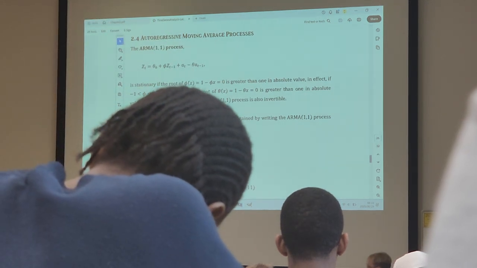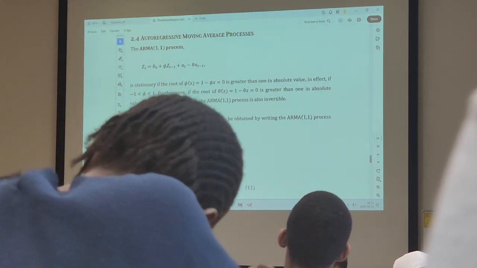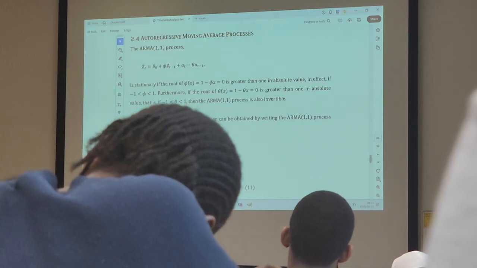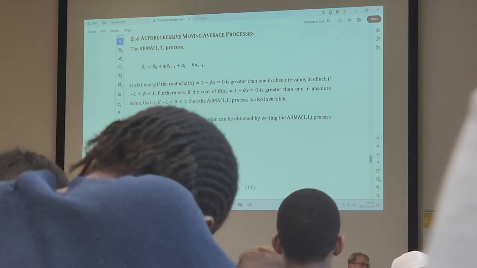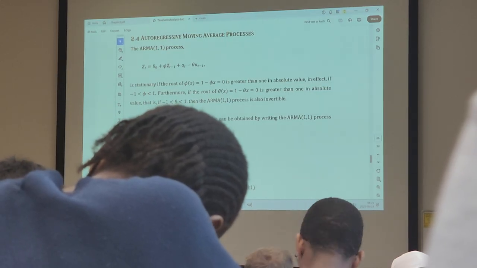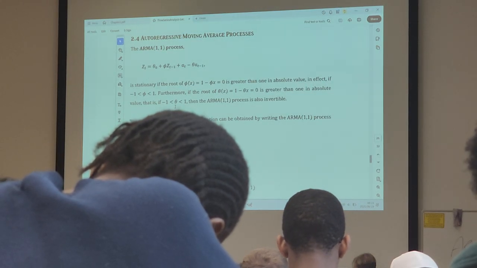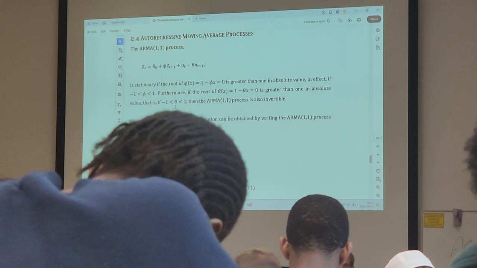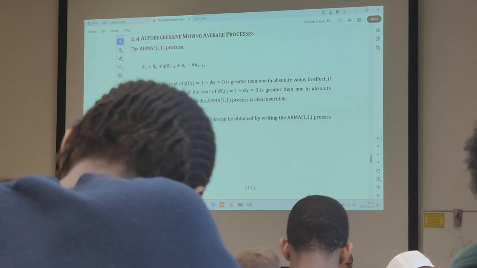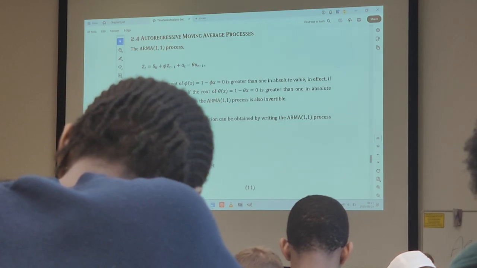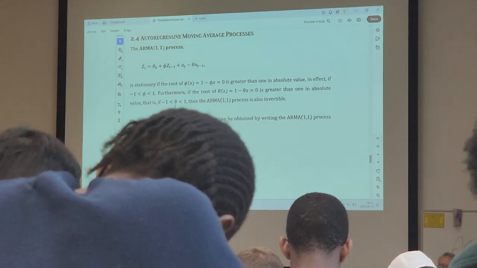What we mean by that is gamma 1 is not necessarily the same as gamma 2 or gamma 3, but the covariance between two consecutive variables, Z1 and Z2, is the same as between Z5 and Z6. So the covariance at a specific lag is constant.